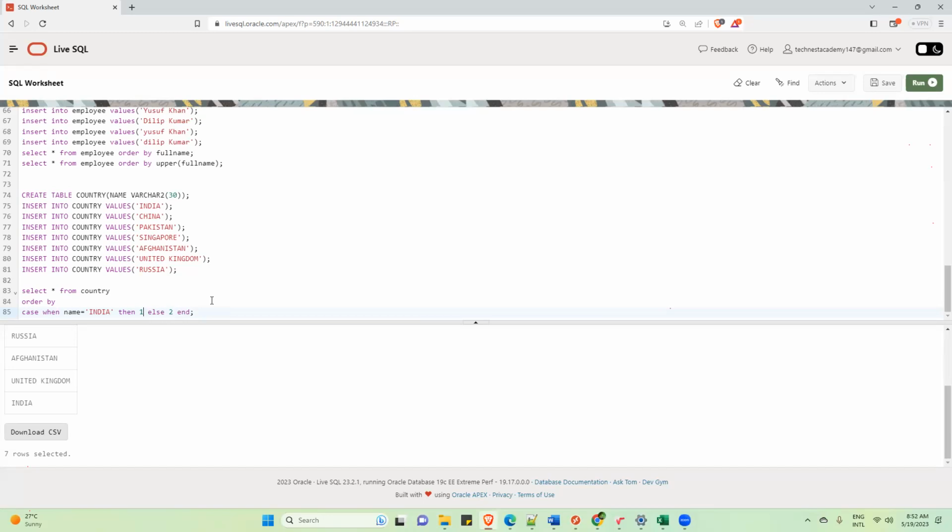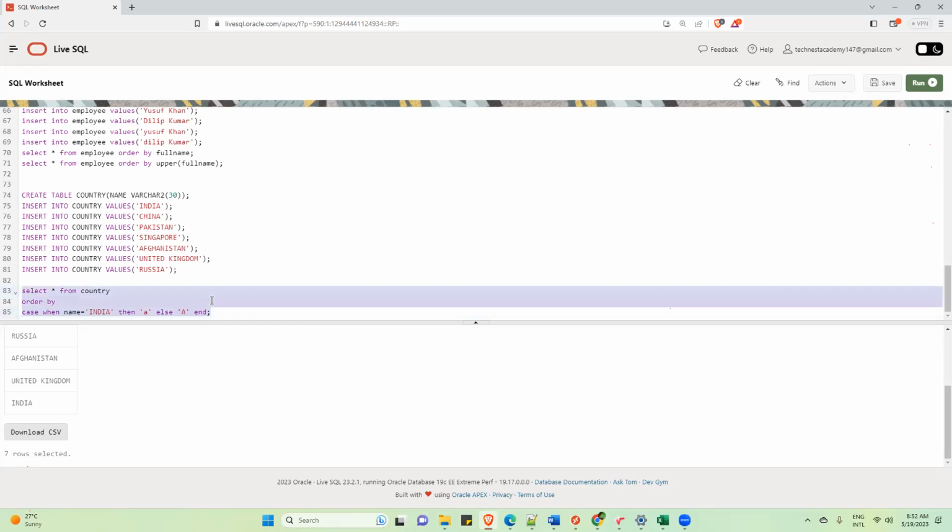Now, if it is clear, then tell me one thing. What will be the output? Take your time, think, and then tell me. I have replaced the numbers with alphabets. Then what will be the output? Some say India will be on the top.